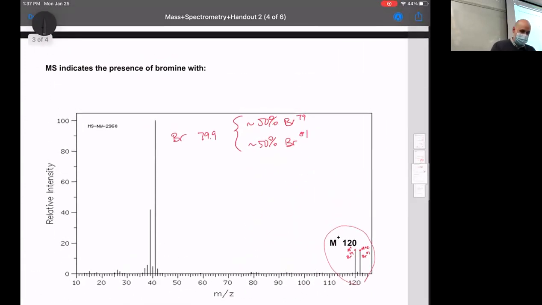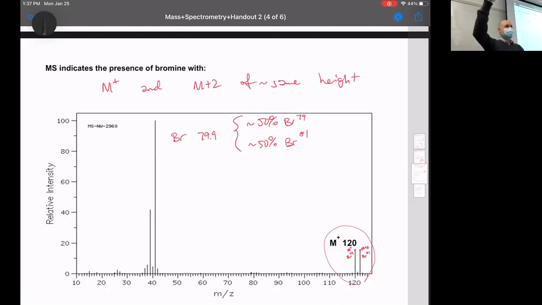So bromine is indicated in mass spec with an M+ and an M+2 of approximately the same height. So when you find your molecular ion, if you got an M+2 that's the same height, that means you have bromine.